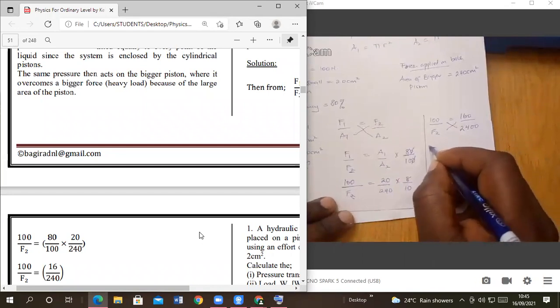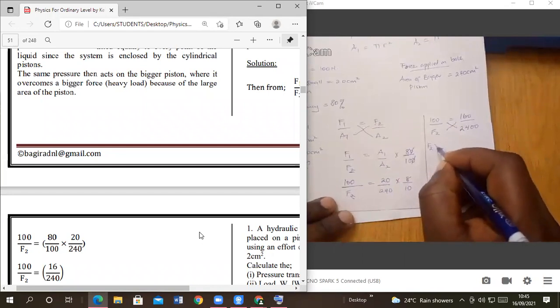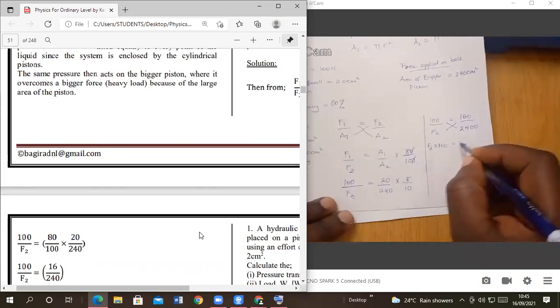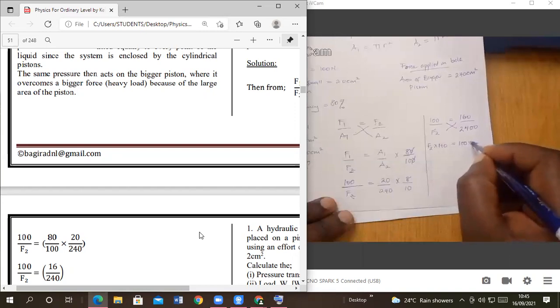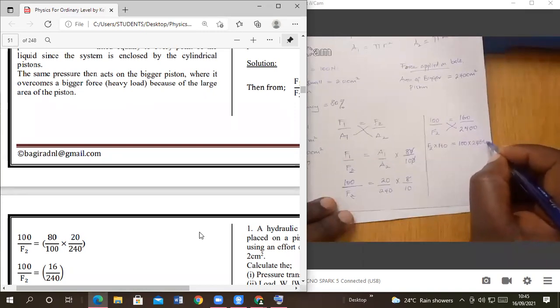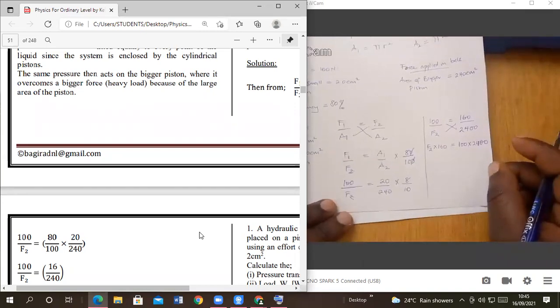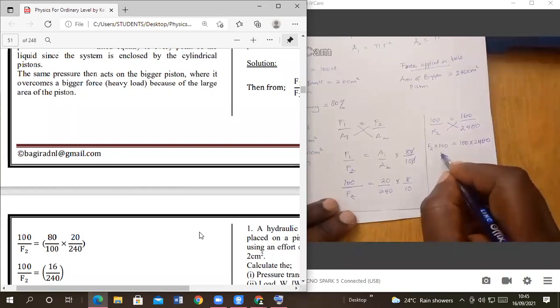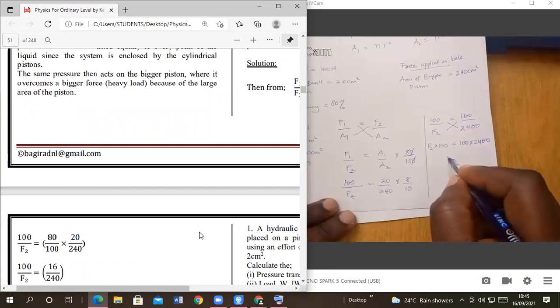Okay, now we are going to cross multiply, and we shall have F2 times 160 equals 100 times 2400. Are we together? Are we together, members? Yes.